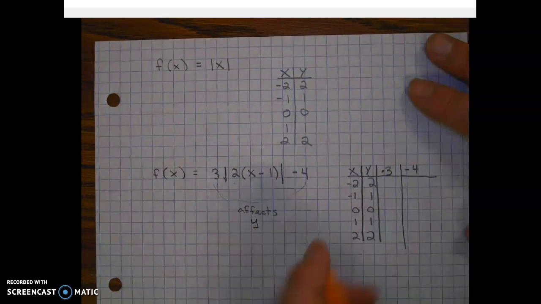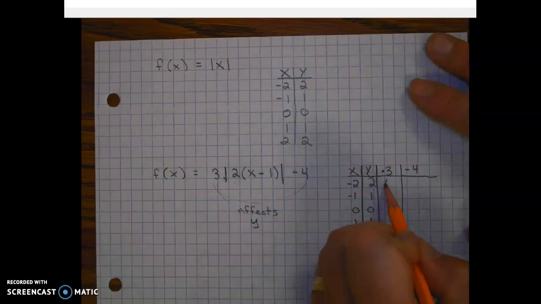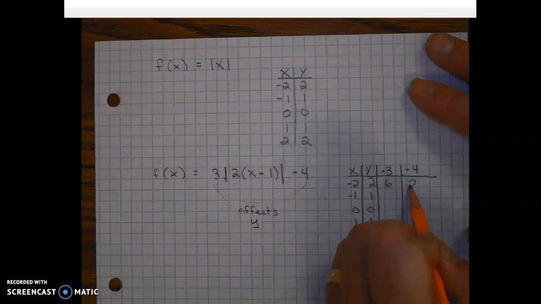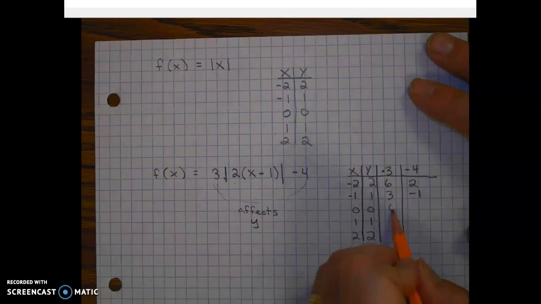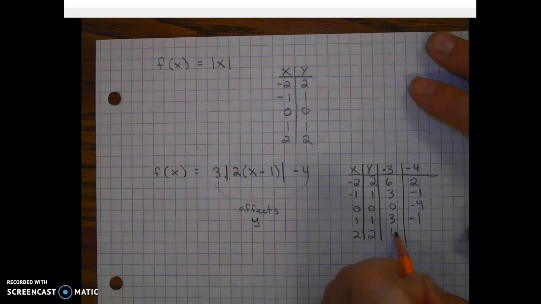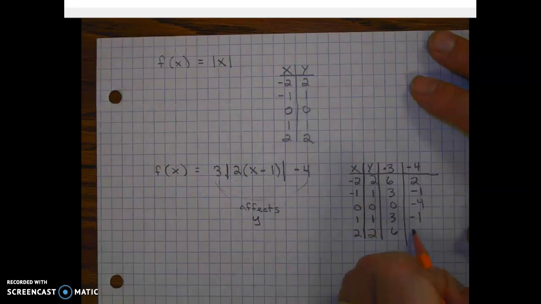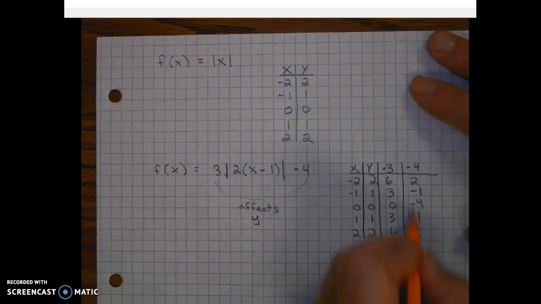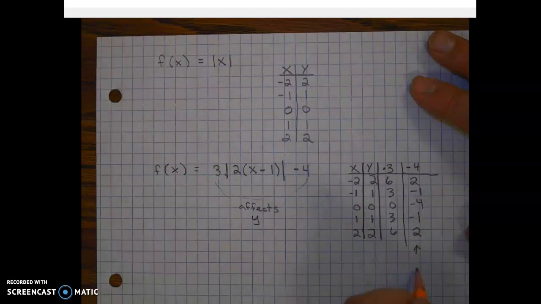Let's do the math. 2 times 3, 6 minus 4. 1 times 3, 3 minus 4. 0 times 3, 0 minus 4. 1 times 3, 3 minus 4. 2 times 3, 6 minus 4. So now we have our new y coordinate.